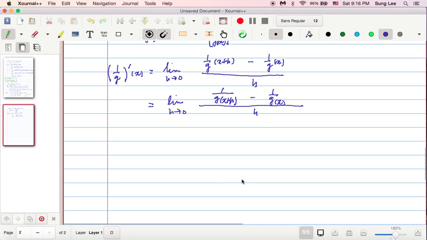Okay, so how do we proceed? I'm going to combine these two as a single fraction. We can do that by taking the common denominator, which is the product of these two: g of x plus h times g of x.